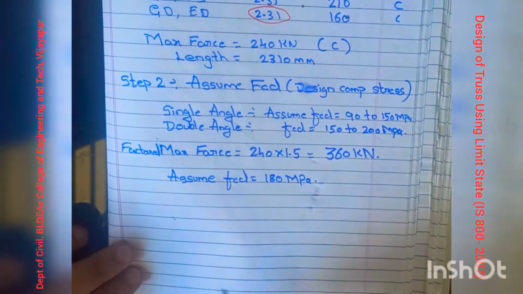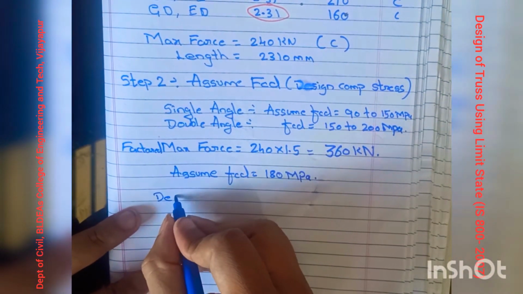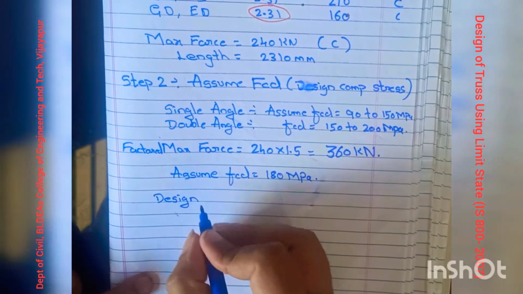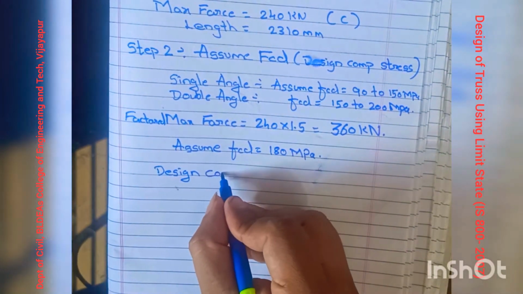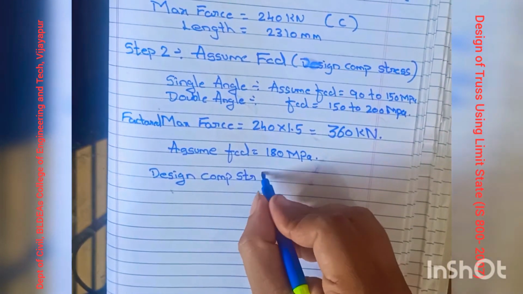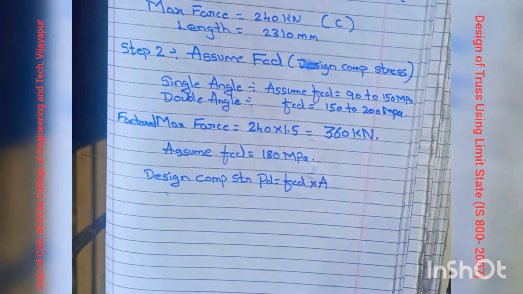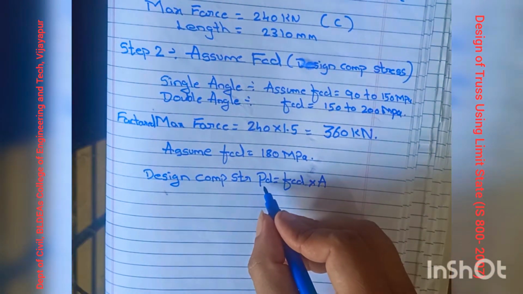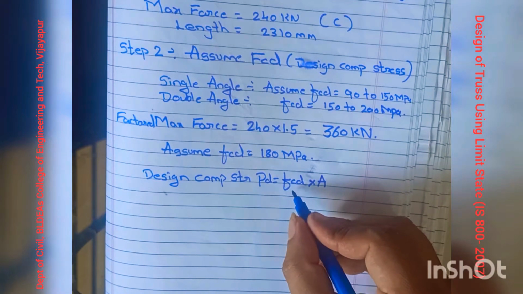Once we assume the FCD value, the design compressive strength PD is given by FCD into area. This is the strength, which is nothing but stress into area.